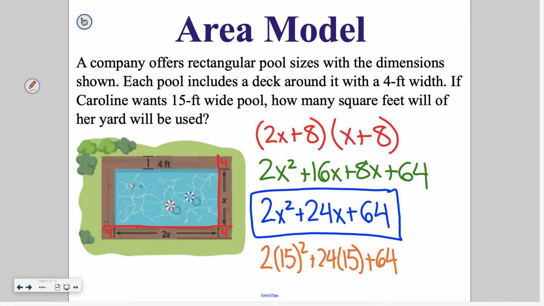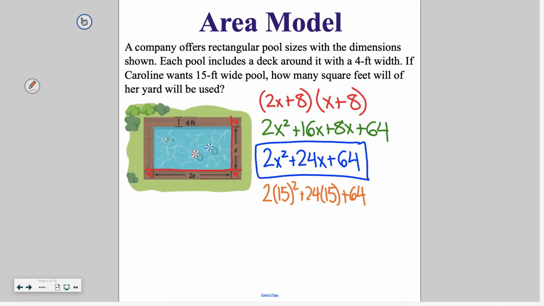And you would go ahead and plug that value into the calculator. And once you do that, you end up with an answer of 874 feet squared of area. So that is how much area she would have to have in her yard in order to install this pool.